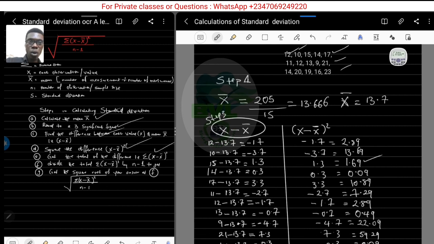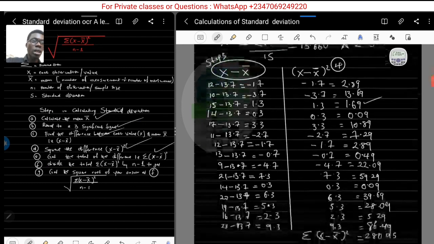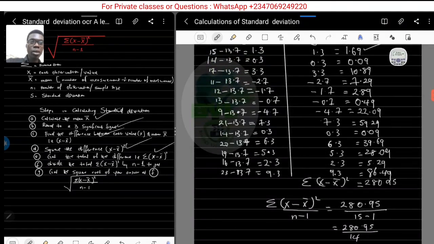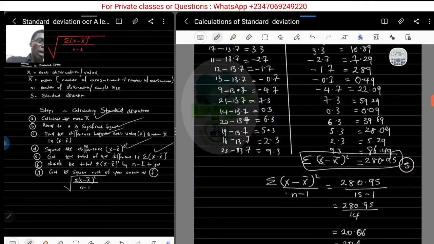Step 4 is getting the square root. Step 5 is the total. Step 6 is dividing it.